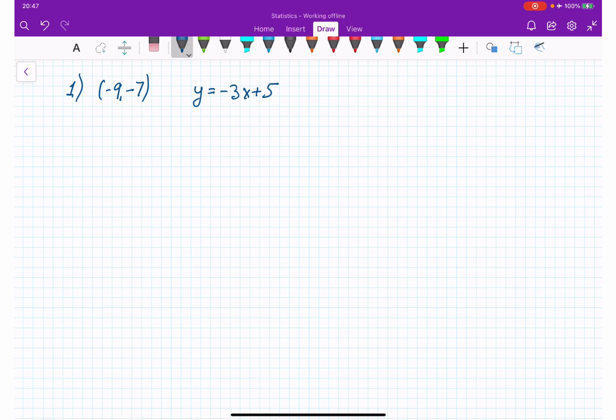So our task is to write an equation for the line in point slope form and in slope intercept form, so that the line is going to be parallel to this line and passing through this point.